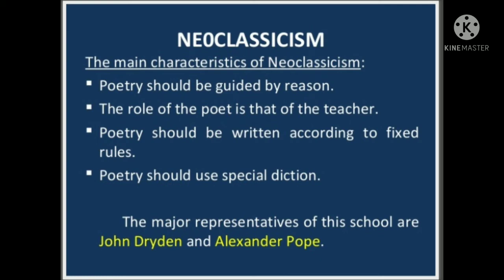Poetry should be written according to fixed rules, like the meter prevalent at that time. Poetry should use special diction. The major representatives of the school are John Dryden and Alexander Pope, and this age is also known as the Age of Pope.